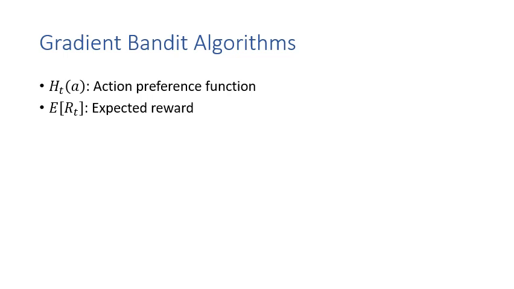Now we define a new function called the action preference function H, and we can update H_{t+1} of action a as the previous H_t plus the gradient, the partial gradient of the expected reward.